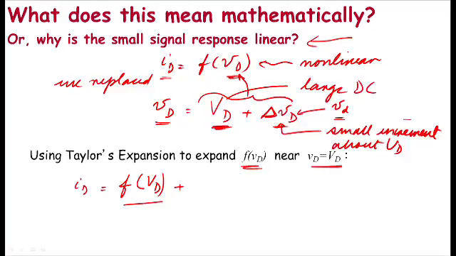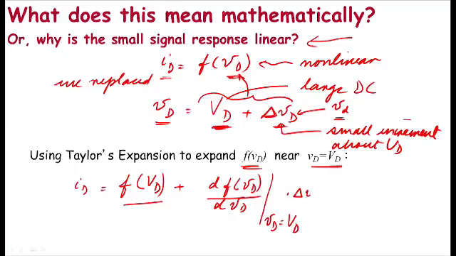So that change is given by the derivative of the function about the point vd times the change, plus other stuff. The derivative of the function about that point is given by d by dvd of the function, the derivative with respect to vd of the function f of vd, and that would have to be evaluated at the point vd equals capital Vd, times the increment, plus other stuff.